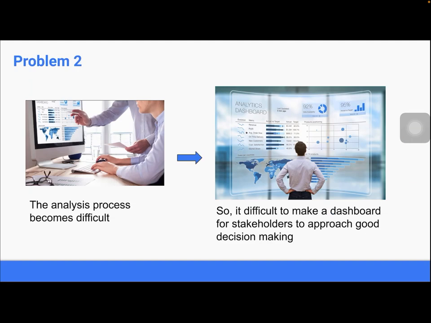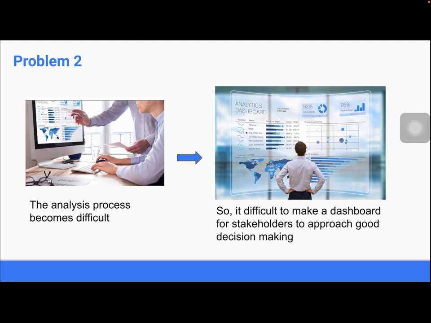And then the second problem: because the data is not collected in one store, we cannot analyze each data. However, the data is the new oil, so we can mine the data. But if the data is not stored in one place, how can we analyze it?